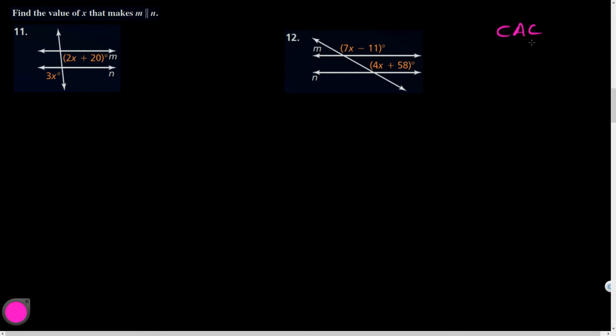Corresponding angles converse says if corresponding angles are congruent, then the lines are parallel. Or alternate interior angles converse: if those angles are congruent, then the lines are parallel. Similar to this, right? Except this one says if consecutive interior angles are supplementary, then the lines are parallel.